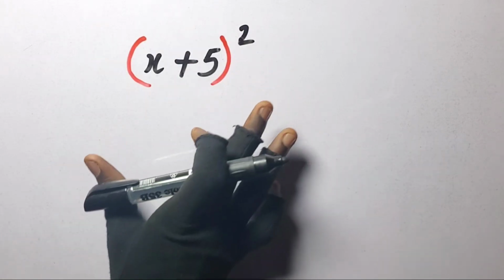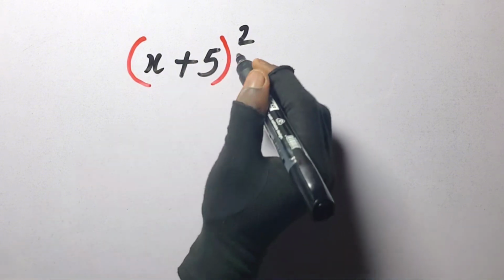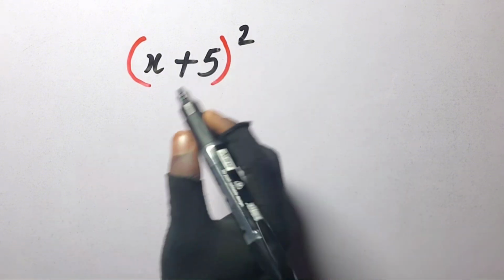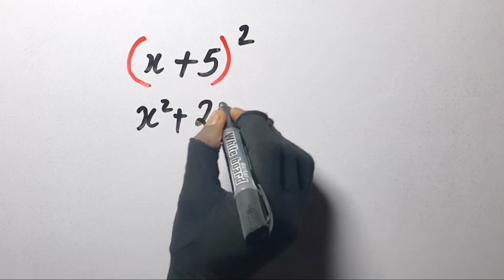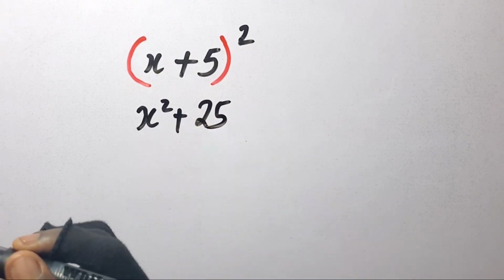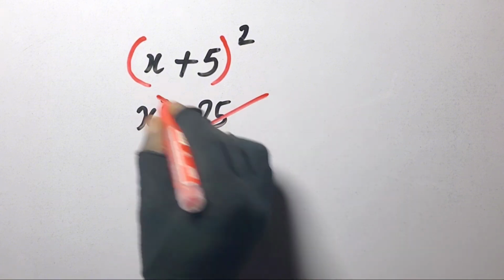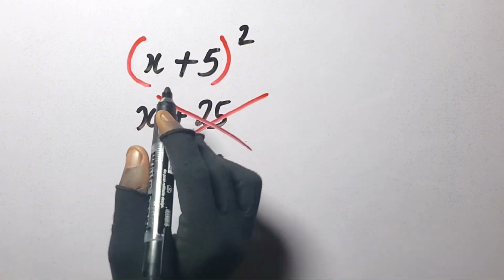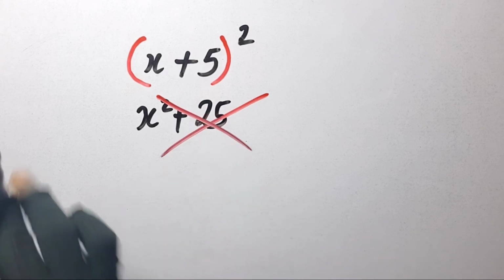This is the most famous mistake in algebra. Students see the squared and write x squared plus 25. This is grossly wrong. x plus 5 squared does not mean you squared the insides.